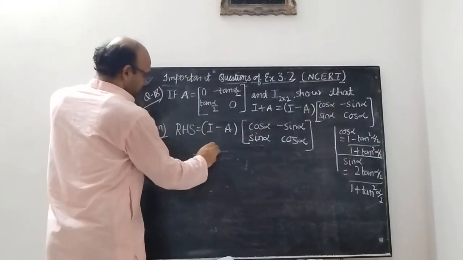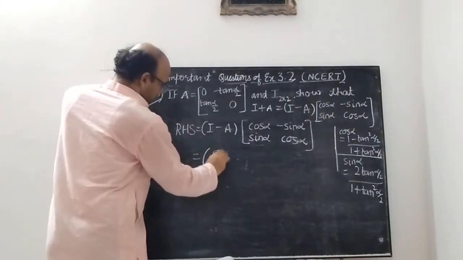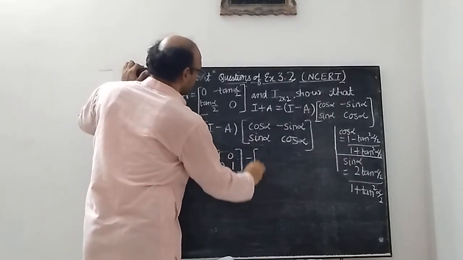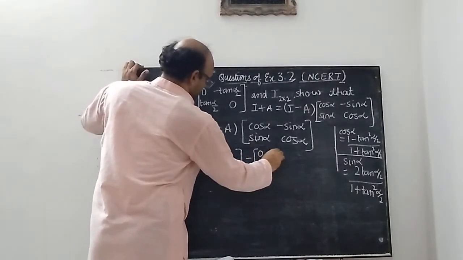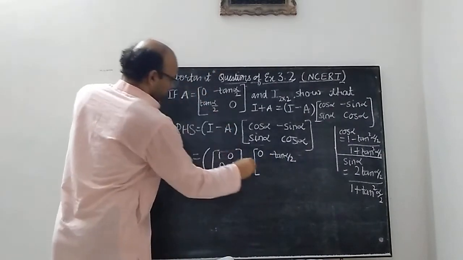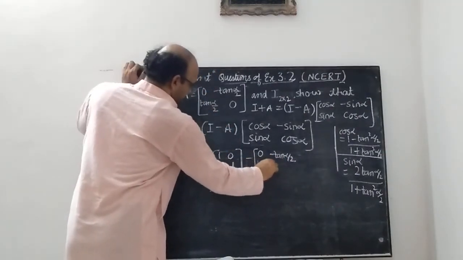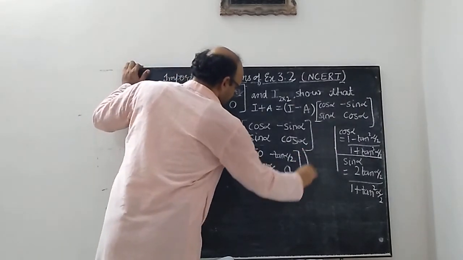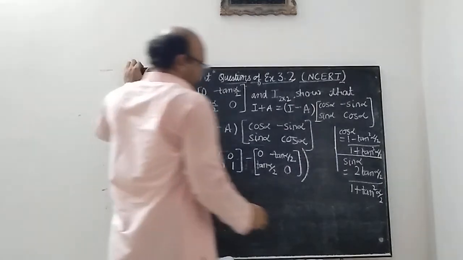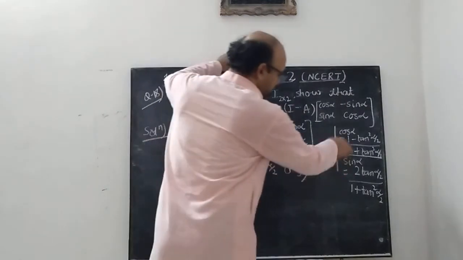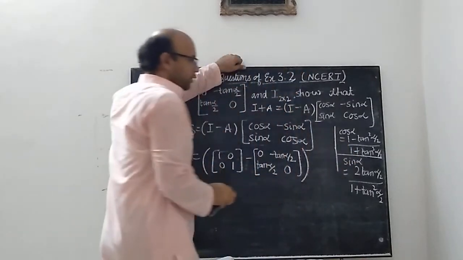I minus alpha means we are having 1, 0, 0, 1 minus 0 minus tan alpha by 2, tan alpha by 2, and this is 0. Now what we will be doing, solve this expression, we will be using these two formulas. So please do kindly note them.